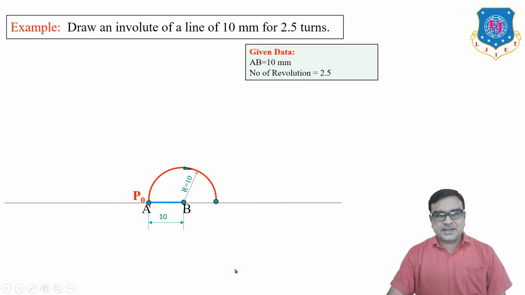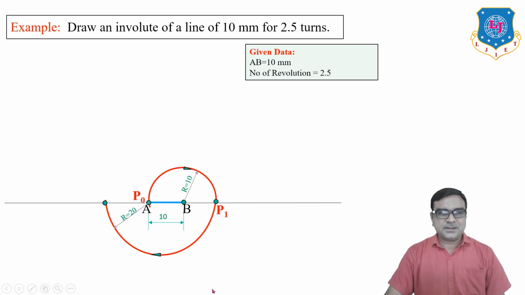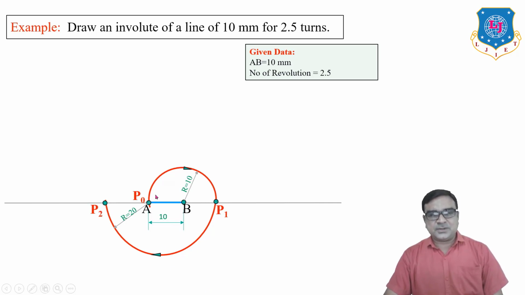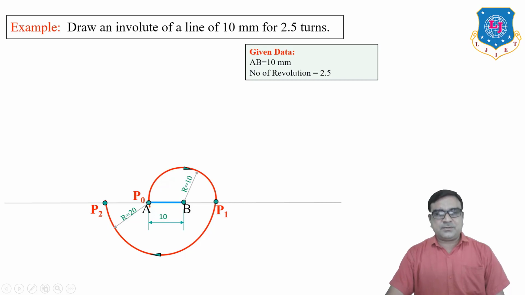If we extend from the P1 end for another half revolution, for that we take A as center, 20 mm radius, and draw a semicircle. This is P2. So up to here the involute is known as the involute of a line for one revolution.